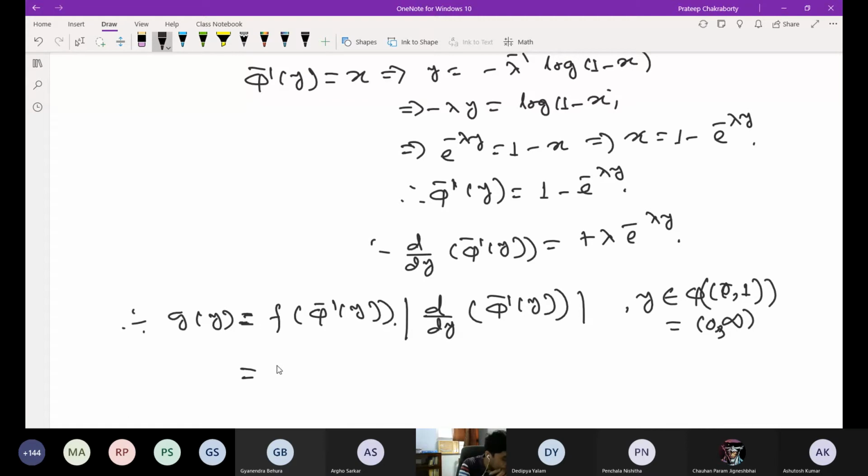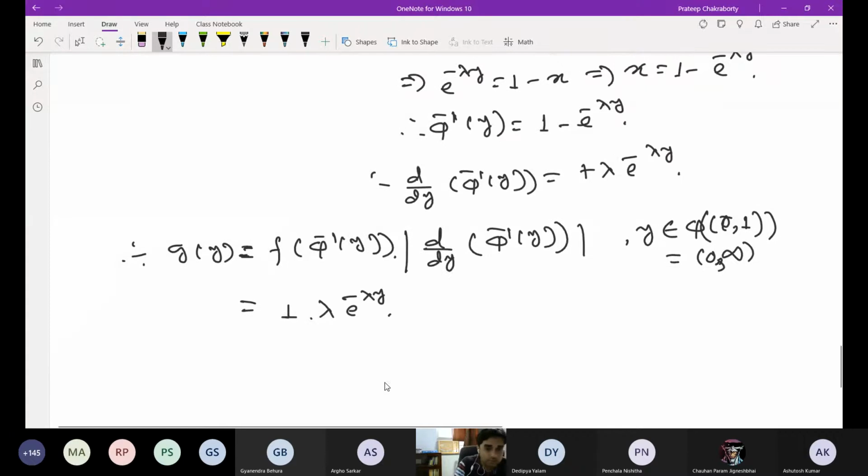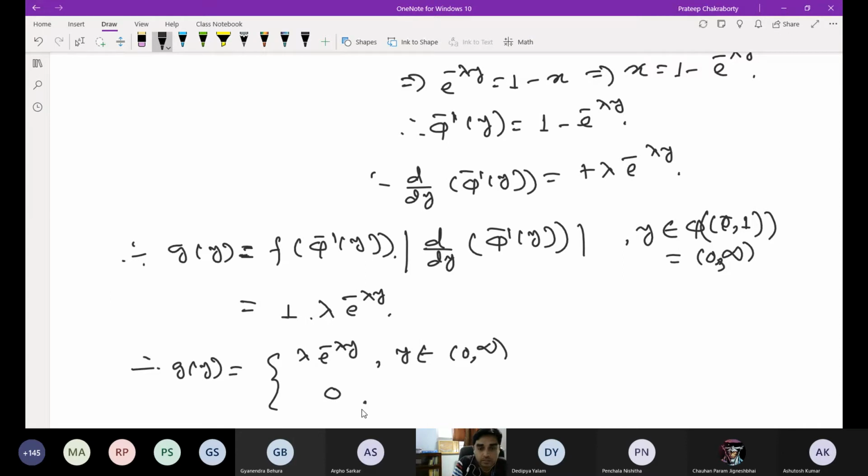So what is f? f is just 1, and this will be lambda e power minus lambda y. So this g of y function is nothing but lambda e power minus lambda y for y belongs to 0 comma infinity and 0 elsewhere.